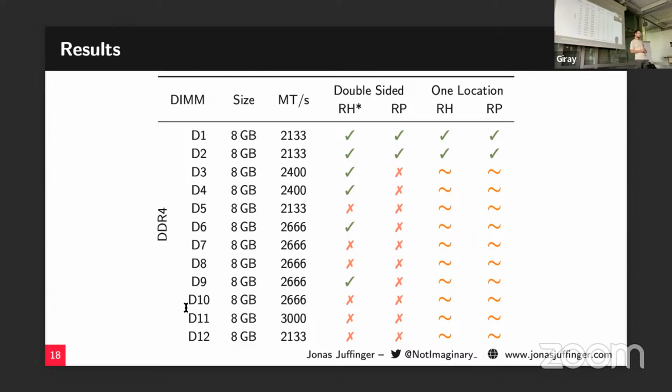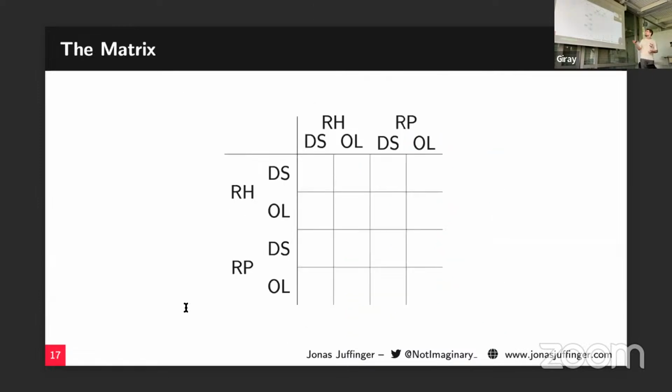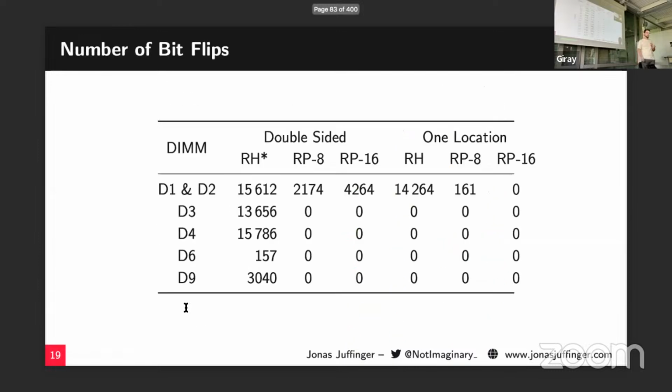It was also quite old DIMM. So our data set wasn't too huge. We wanted to see RowPress on more DIMMs, but this is all we got. And then we drew the matrix. And what we wanted is to have a clear signal on whether the one location RowHammer bit flips are the same as RowPress or they're different.